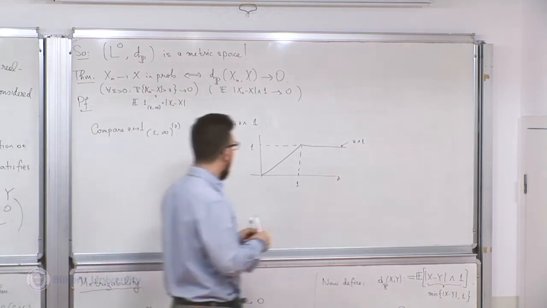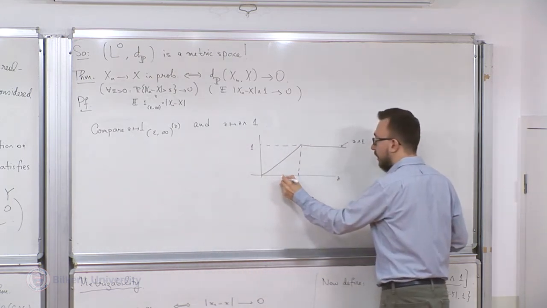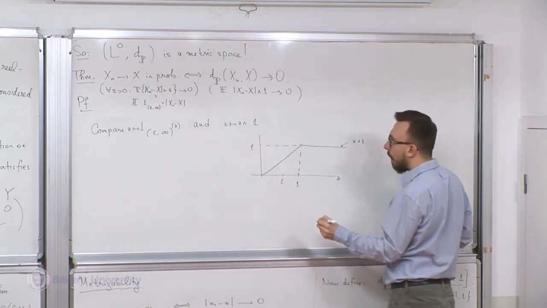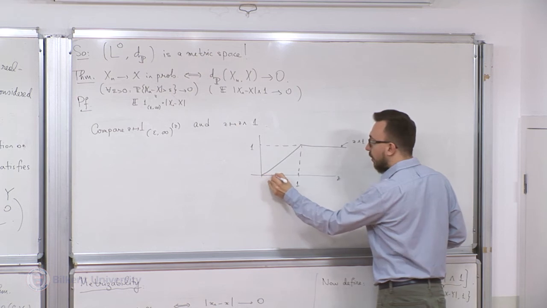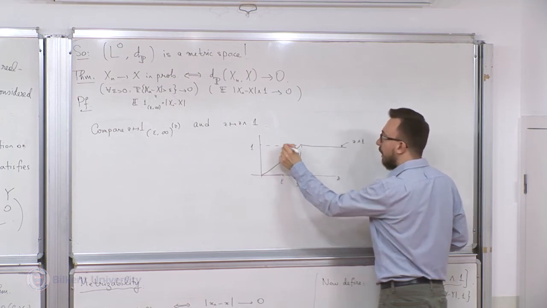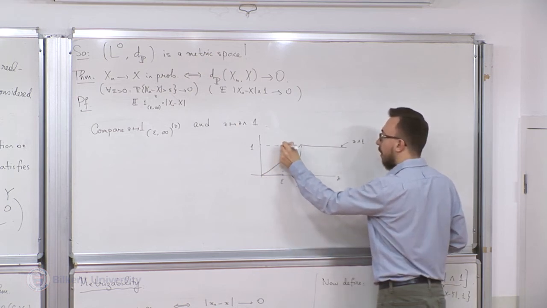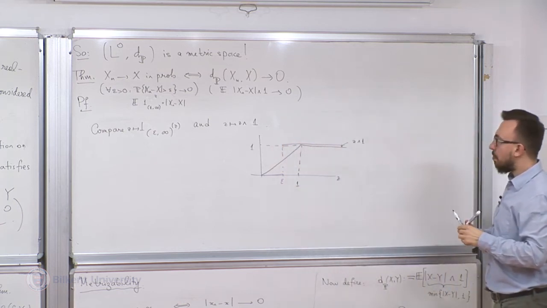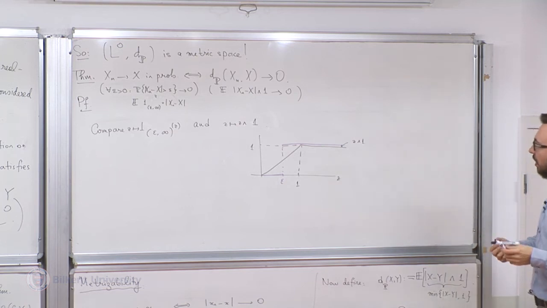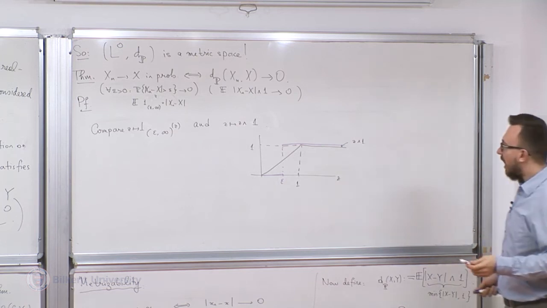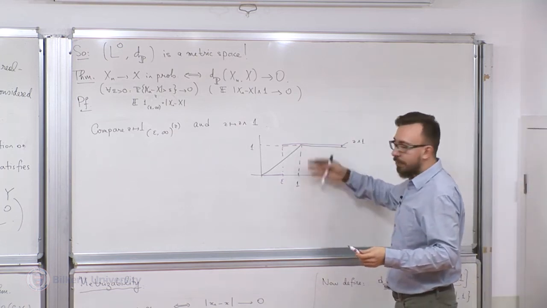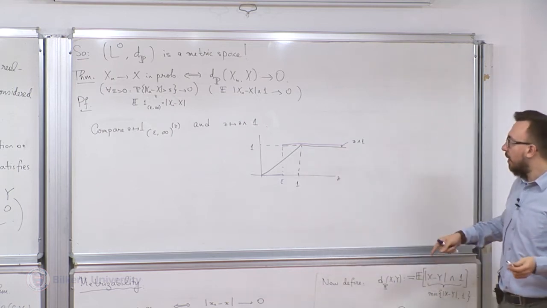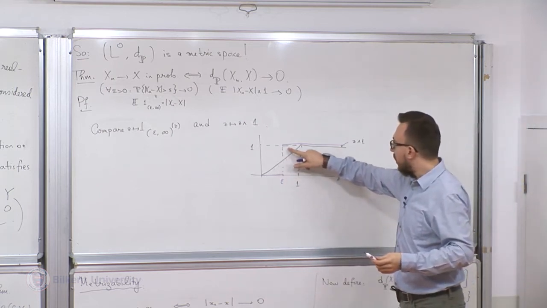Well, let's say epsilon is here. So it is 0, and then it is 1. So we cannot say that one is always greater than the other, because here this is bigger, here this is bigger.